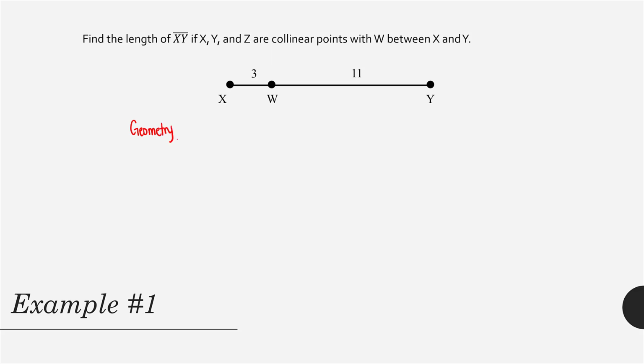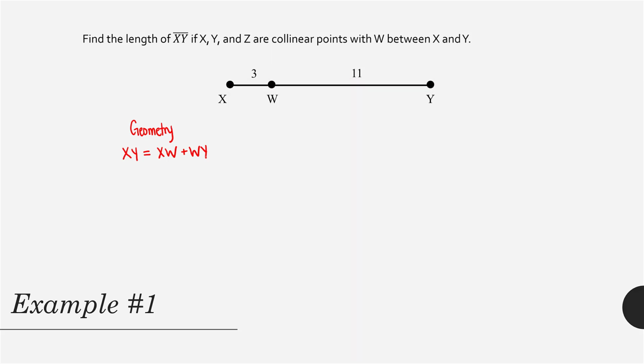This geometry statement is going to give us our algebraic equation. So the geometry here, segment addition, says XY equals the 2 smaller pieces added up, XW plus WY. And this is where the algebra comes in.